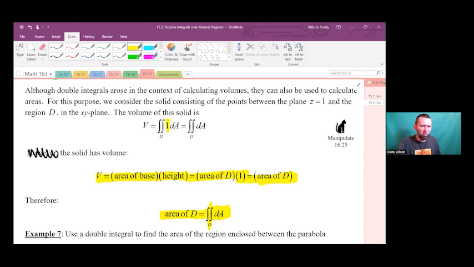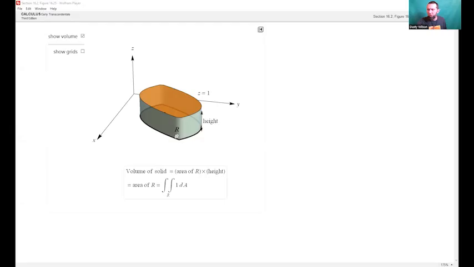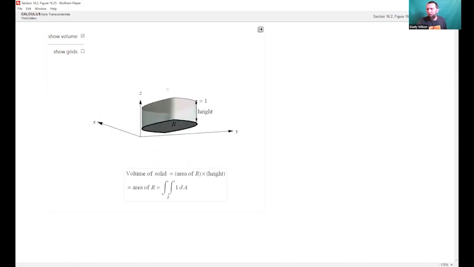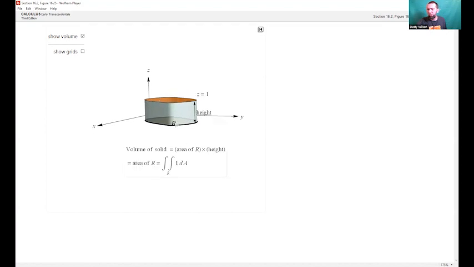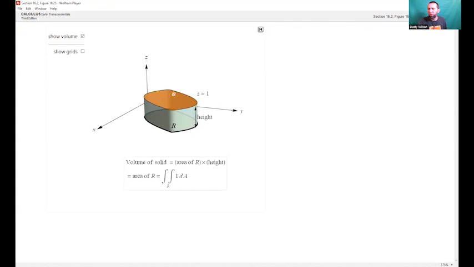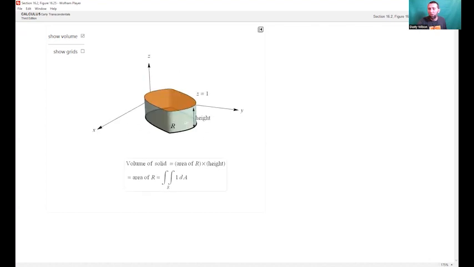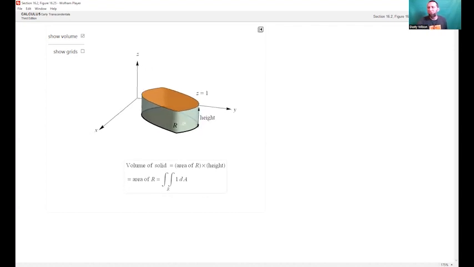Let me just show you a picture of this before we continue. So here, we're trying to find the area of the region. It's labeled as R here. And so what we're going to do is create a solid that has height 1. And so the double integral would give us the volume of the solid, but the volume of the solid would be the area of that base that we're interested in times 1. And so there's kind of a funny unit thing. This is the kind of stuff that you can do in math.